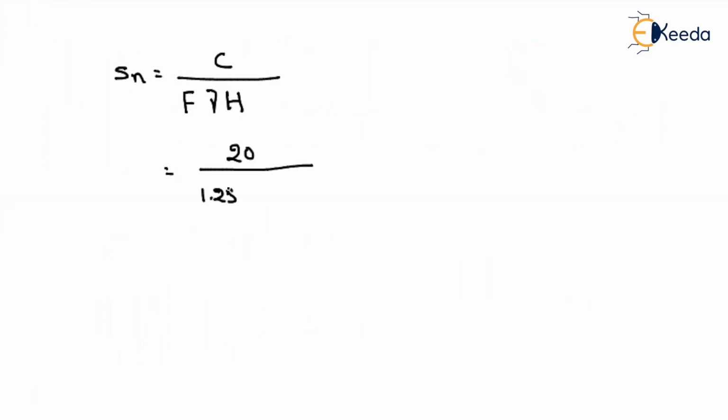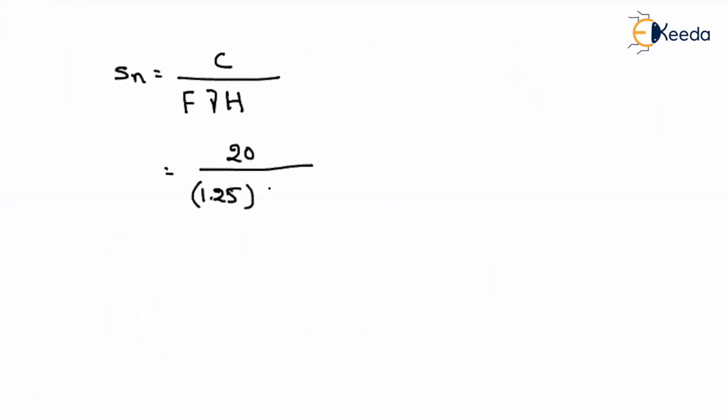How to find the stability number? That will be equal to C divided by, if we are using the maximum friction, you have to use the factor of safety into gamma into H. So C is given as how much? 20 kilonewton per meter square. Factor of safety is given as 1.25.